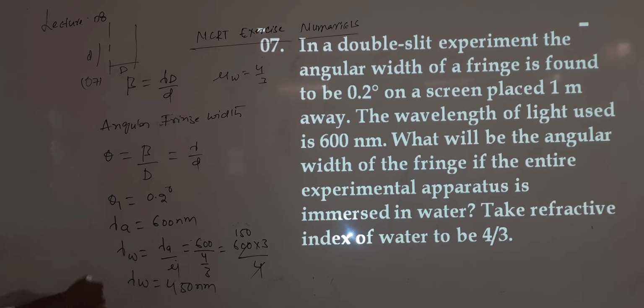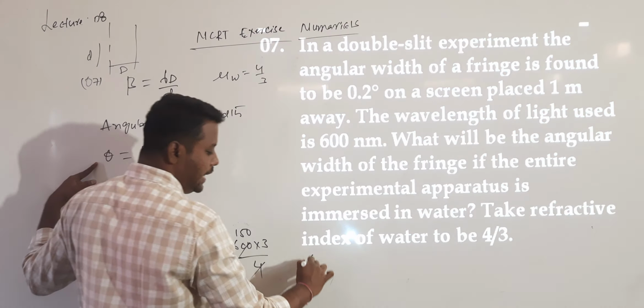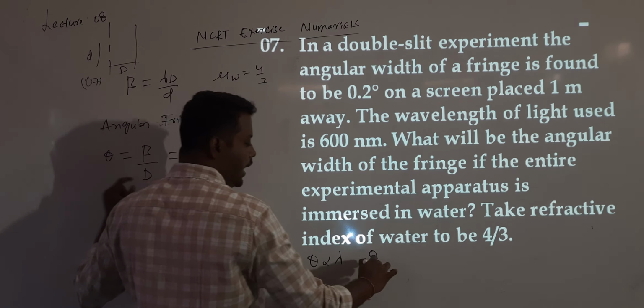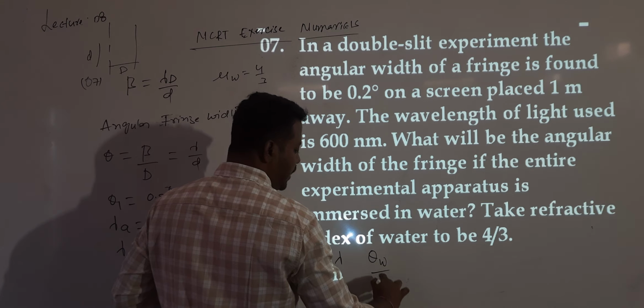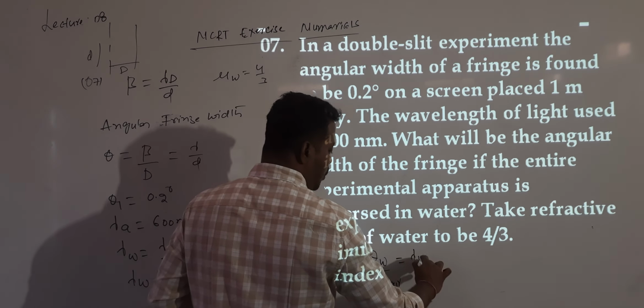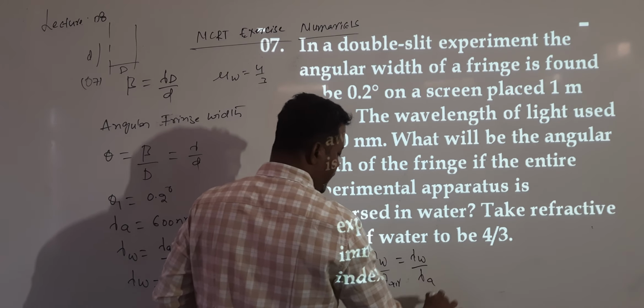Now they are asking for the new angular fringe width. What is the relation? Since theta is directly proportional to lambda, theta in water divided by theta in air will be equal to wavelength in water divided by wavelength in air.